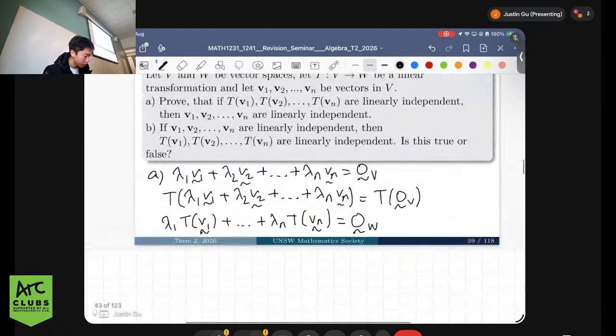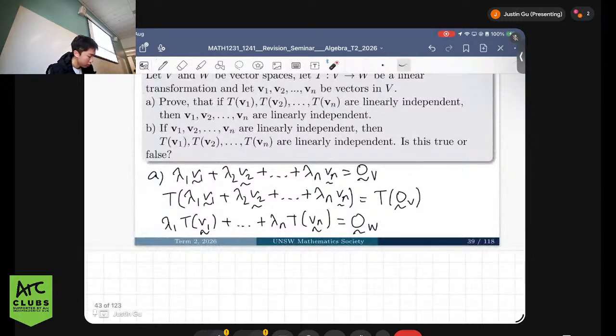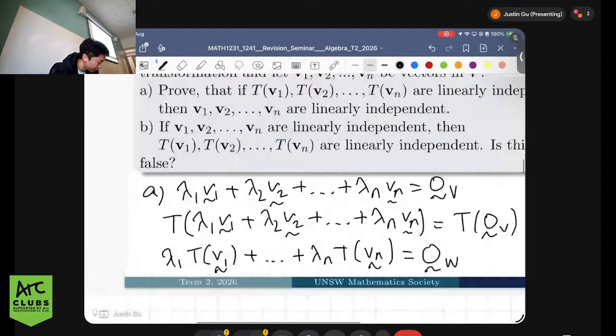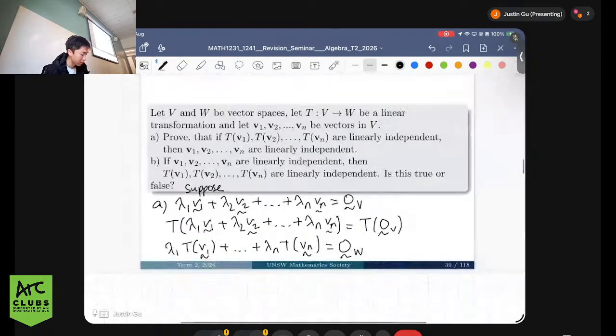We know from the question that if all of Tv1, Tv2, Tvn are linearly independent, then we just want to prove that. So we can assume, I should write, suppose the first statement is true.